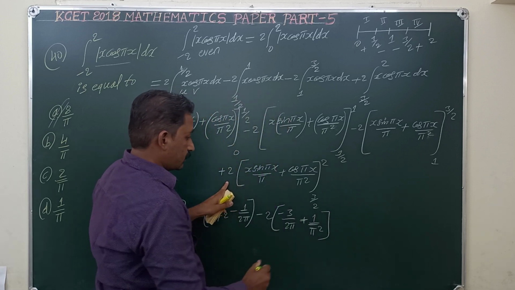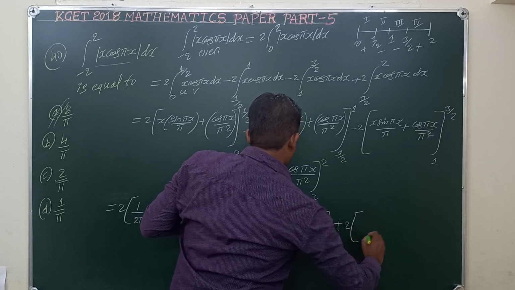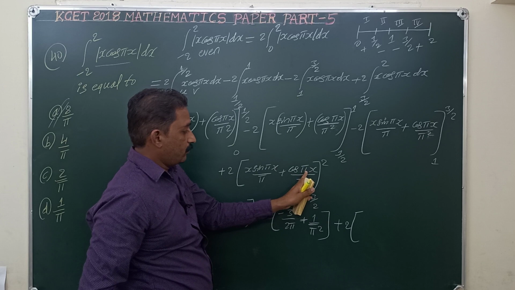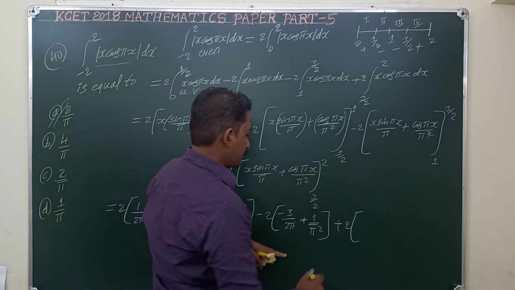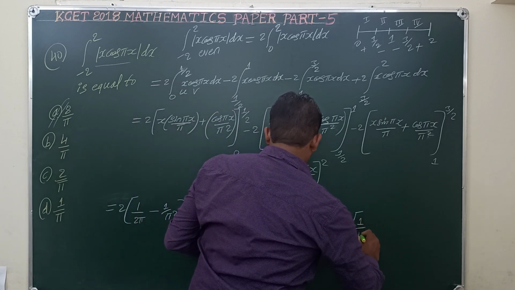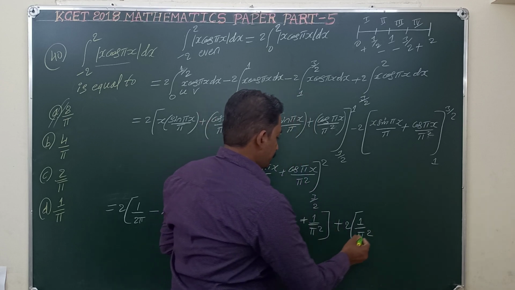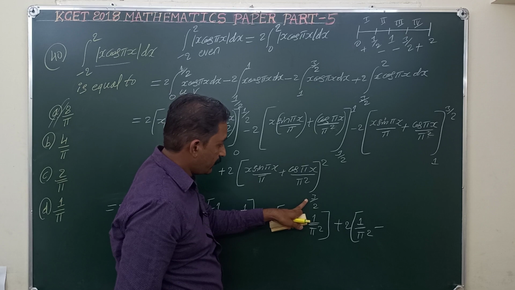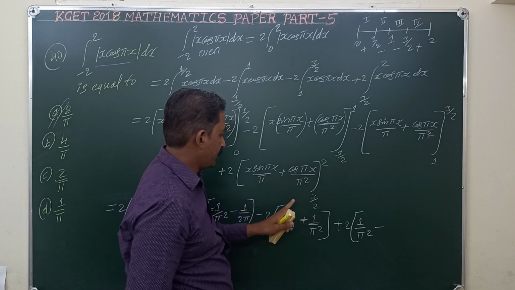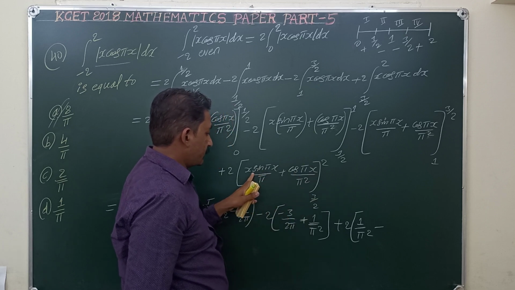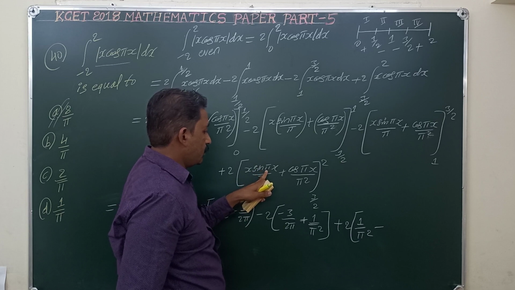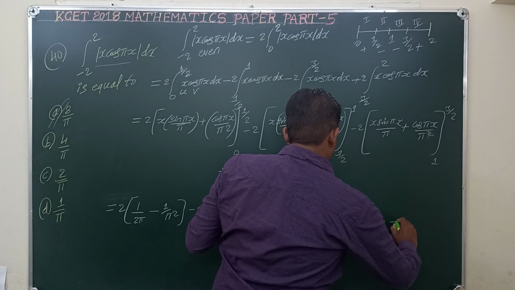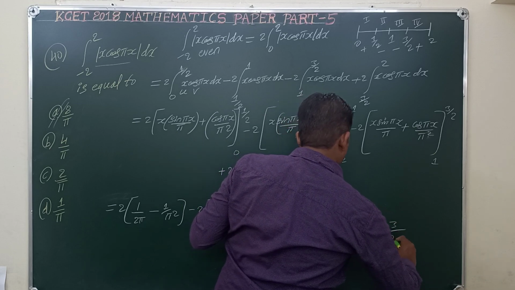Next, the last term, plus 2 into: apply the upper limit 2, the first part becomes 0, only the second part, cos 2 pi, plus 1 divided by pi square. Minus the lower limit 3 by 2: the second part becomes 0, only the first part, sin 3 pi by 2, minus into minus plus 3 divided by 2 pi.